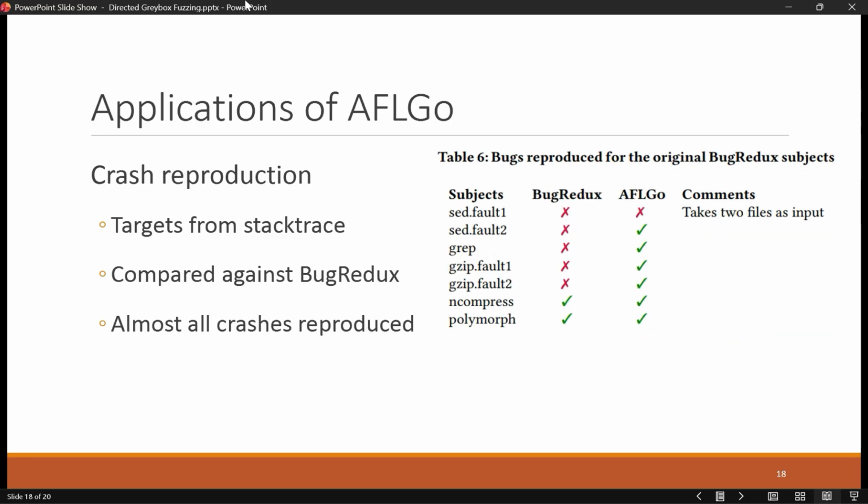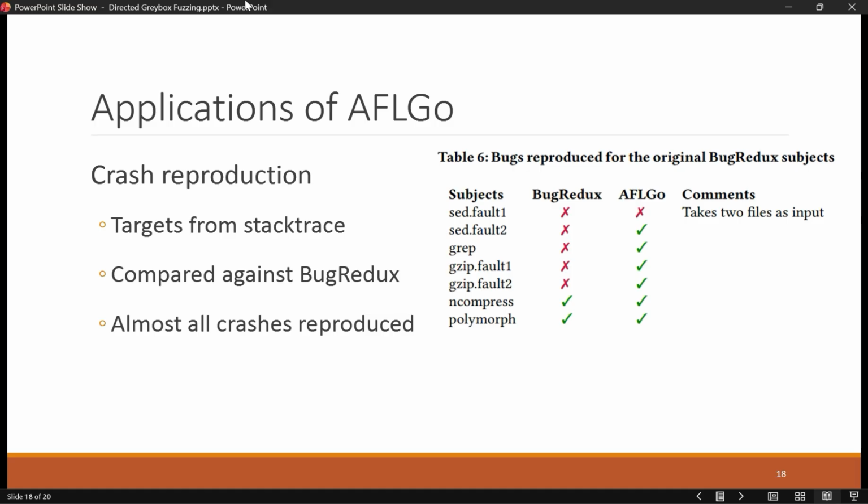The last application of AFL-Go that they used was crash reproduction. As I showed at the beginning, when a crash happens on your computer, you don't really want to send all the information of what's on the user's system, because this is a huge privacy concern.